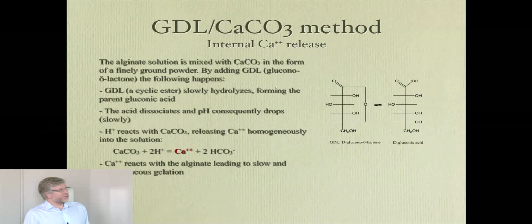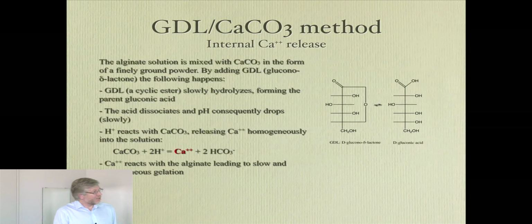And a lactone is the same as an internal ester. And an ester is a reaction between a carboxylic acid and an alcohol. And in this case, it's D-gluconic acid, which is very similar to glucose, except that this is a carboxylic acid instead of an aldehyde. So this can make an ester like this.